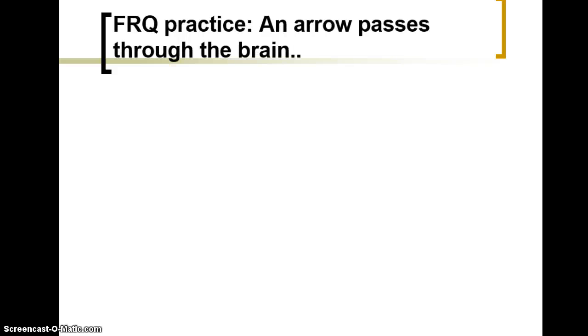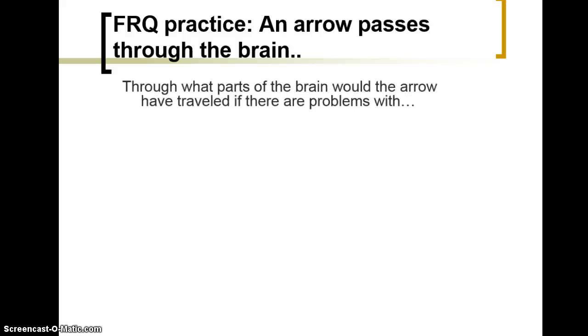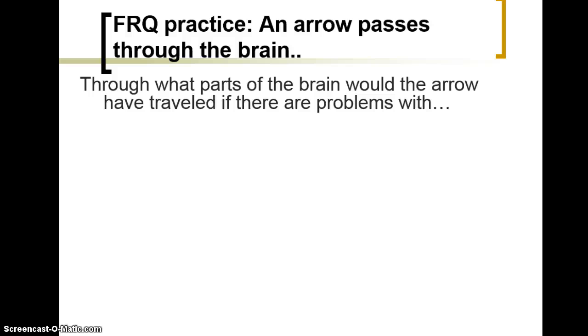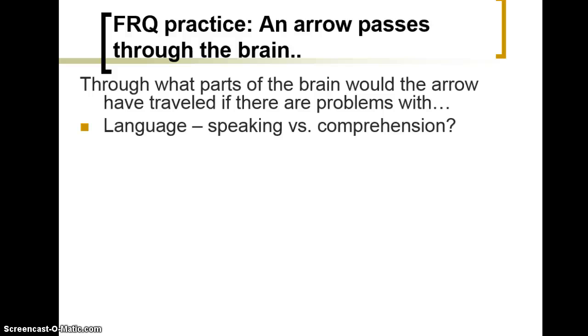Your FRQ practice, okay? Let's pretend that an arrow passes through the brain. Which parts of the brain would the arrow travel through if there was a problem with language? We've got speaking and we've got comprehension, so I would think Broca's area and Wernicke's area would play a part in that. Remembering, we've got that lower brain that sits on that crescent moon, that sounds like an animal's name.